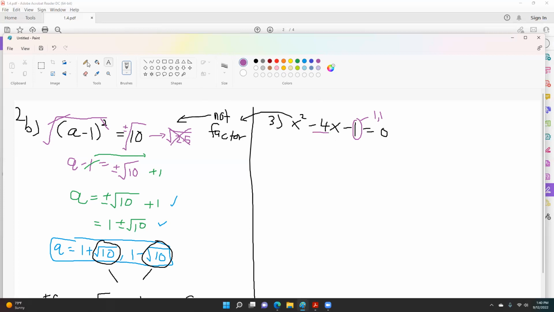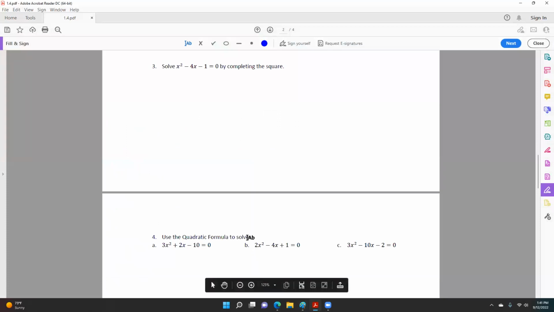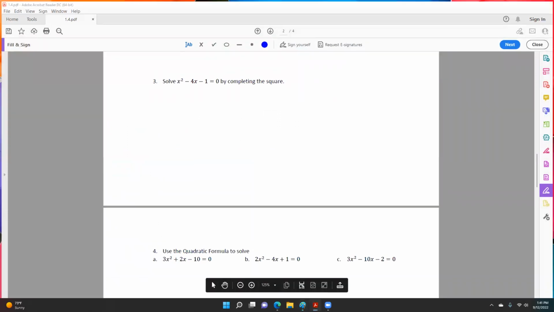No. So if you do this on your previous test, we call this prime, because it's not factorable. And we cannot use extracting the square root because you have the middle term. So for these questions, you are forced to use either completing the square or the quadratic formula.